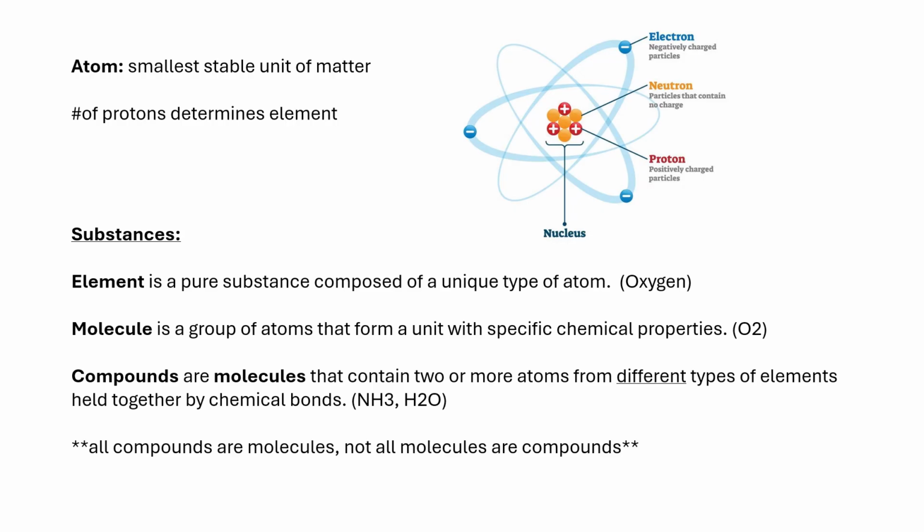Now, the numbers next to the letters that you see here on the slide should be a subscript, but for whatever reason, they did not translate onto the slide that way.